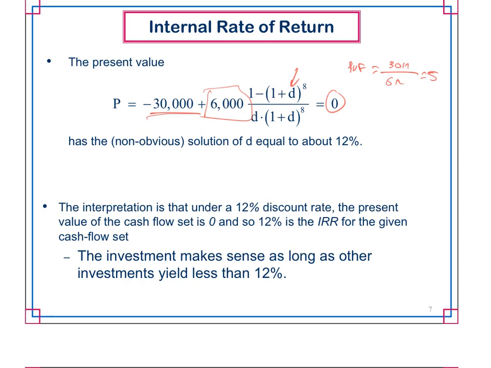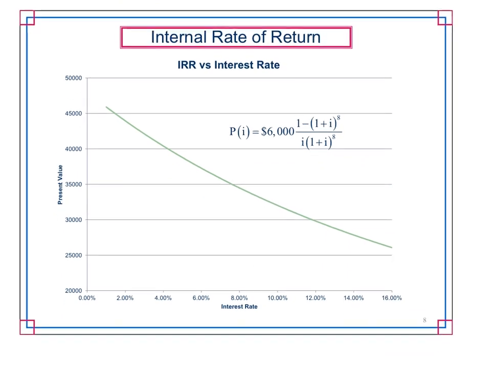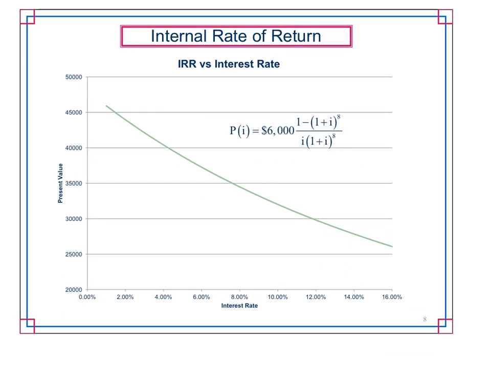Another way to do it is always do a plot, right? So this is a plot of $6,000, and I just allow the interest rate to go up to whatever value. I just plotted it between 1% and 16%, just as a brute force method. So if my interest rate starts out at 16%, and I want to bring that amount back, I'm only going to get $27,000.